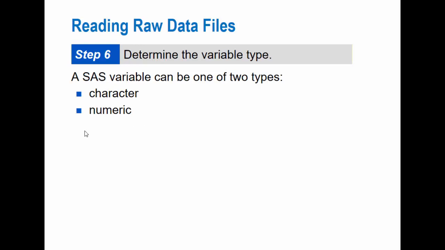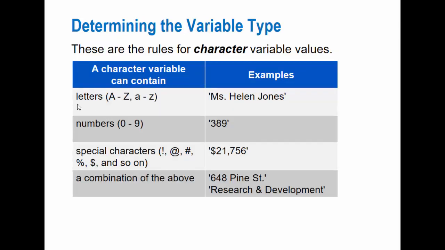And finally, what is the type of the field? You can have either character or numeric. Here are the examples of character. These are the possible values of characters. Obviously anything that has letters is character, but not necessarily only letters.